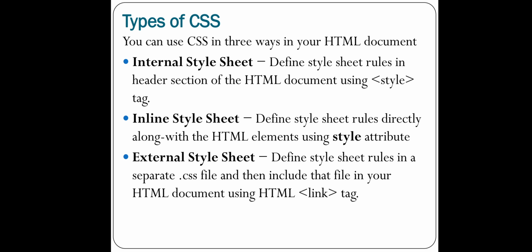Agree? If it is an external file, we have to call it in our HTML code. So to call the CSS file in our HTML document, you have to use the link tag, right? We'll see with examples. So I hope the types are clear with the small hints which I had given.